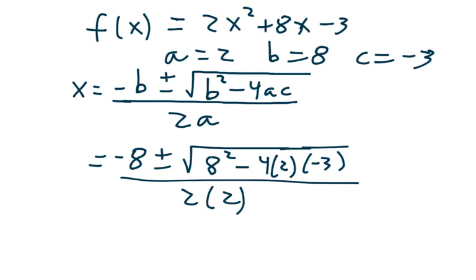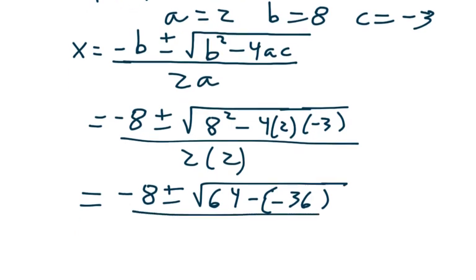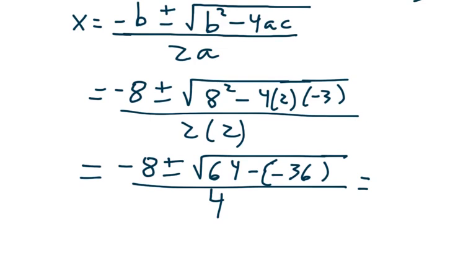Okay, so what is this equal to? We're going to get negative 8 plus or minus, and we know 8 squared is 64, minus 4 times 2 is 8, times negative 3. That's negative 24.